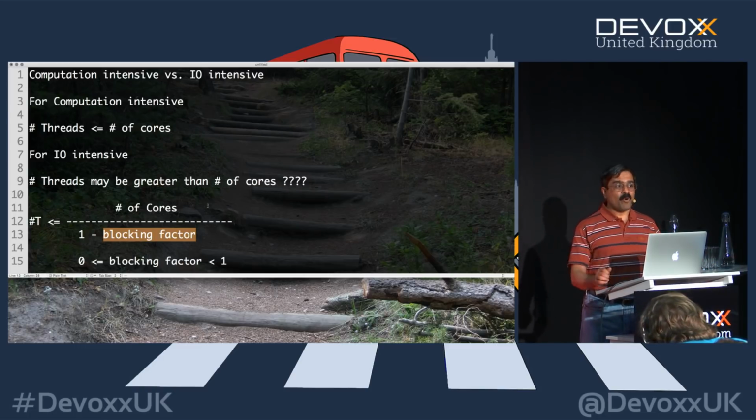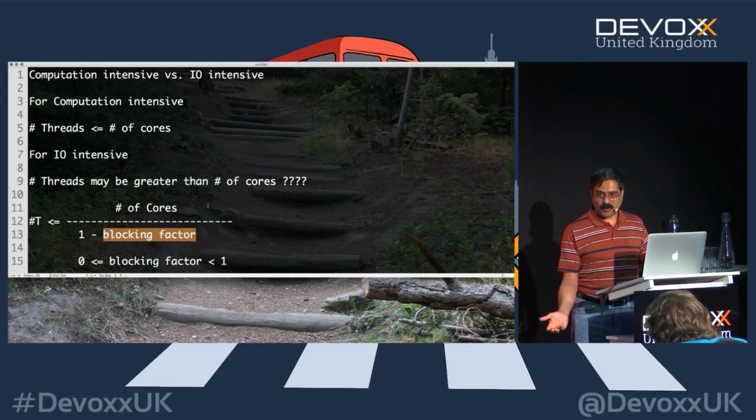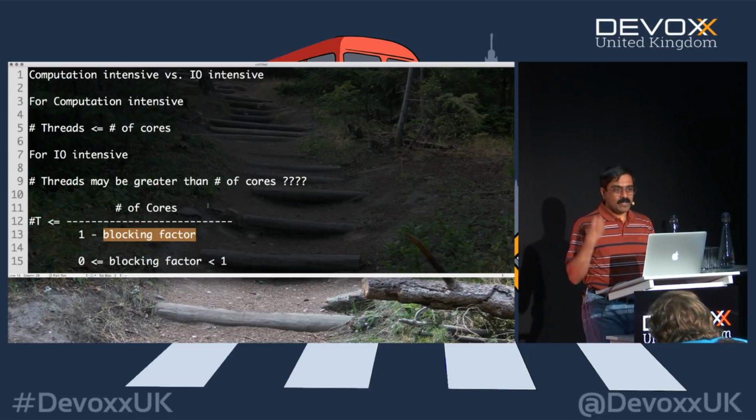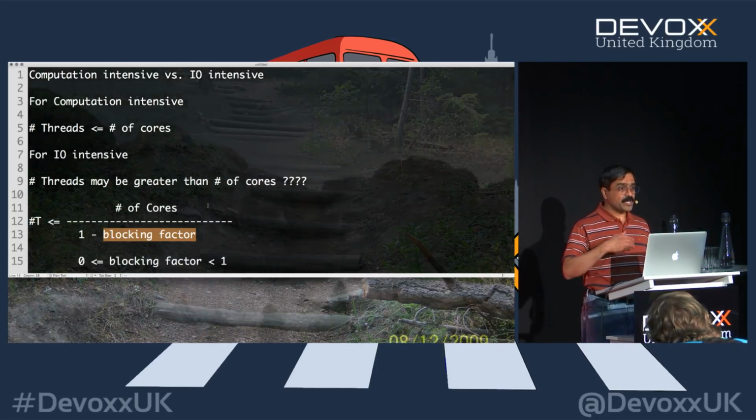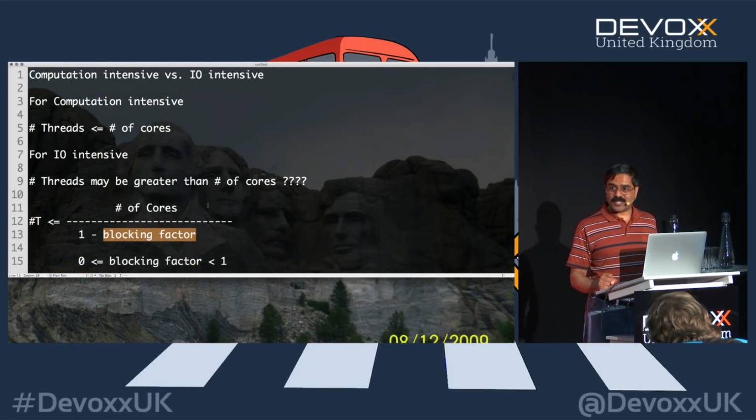If I'm sleeping most of the time, 90% of the time, 0.9, 1 minus 0.9 is 0.1, number of cores divided by 0.1, 10 times the number of cores, which is a very grim realization. If I have 256 cores on my machine, if my job is computation intensive, I can have 256 threads, not thousands.